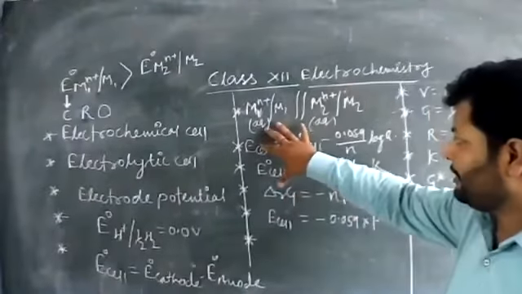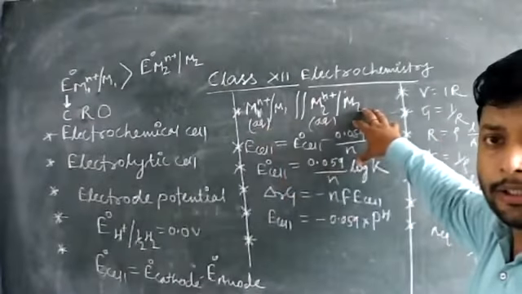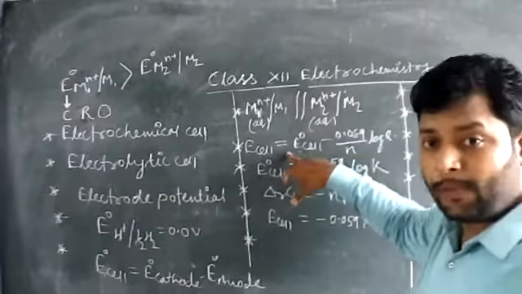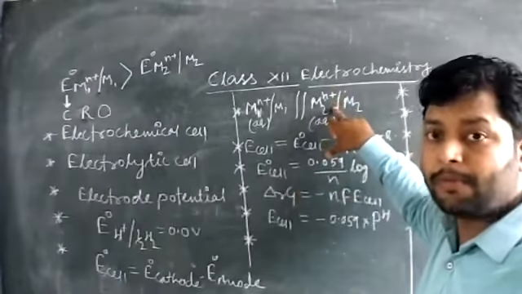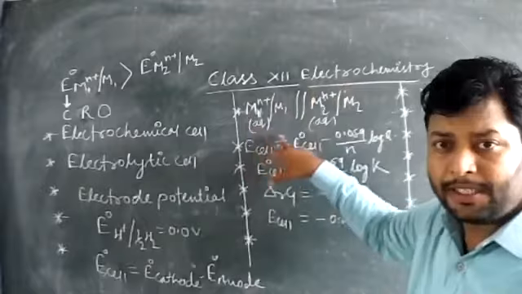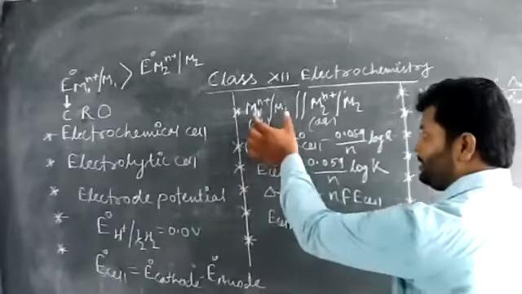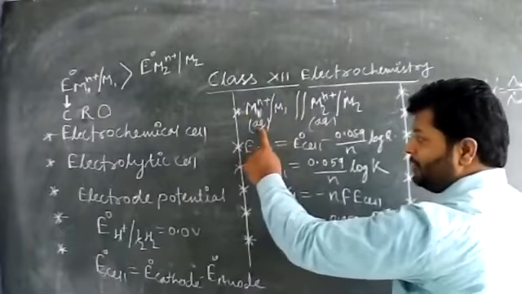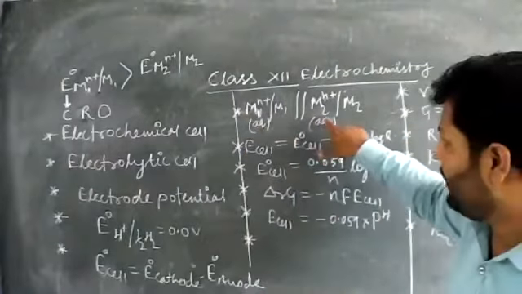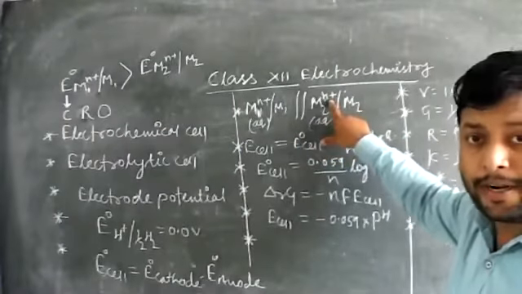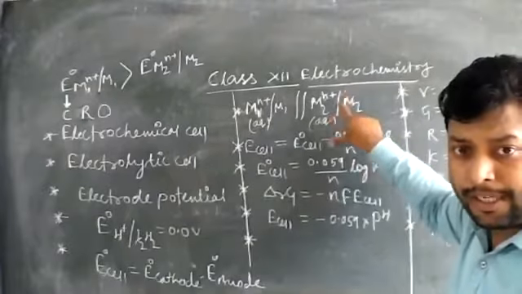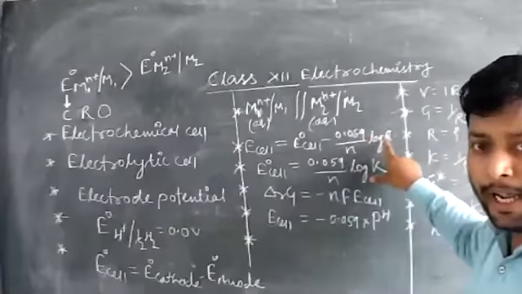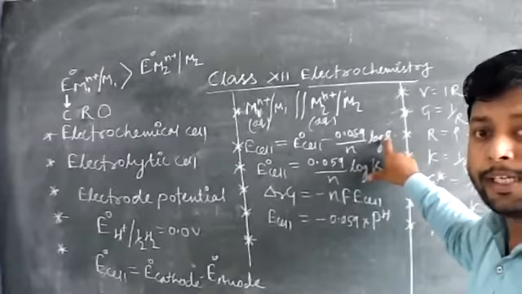There is the cell representation, and with the help of the cell representation we can write the Nernst equation. Actually, the cell representation has the anode on the left side with its aqueous concentration, and the concentration of the second electrode in the cathode must be given, from which we can easily calculate the value of Q, the reaction quotient.